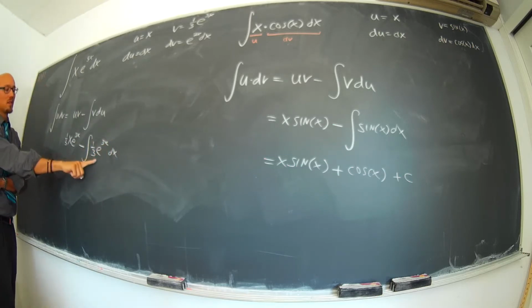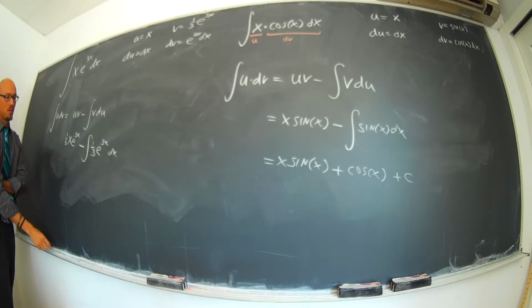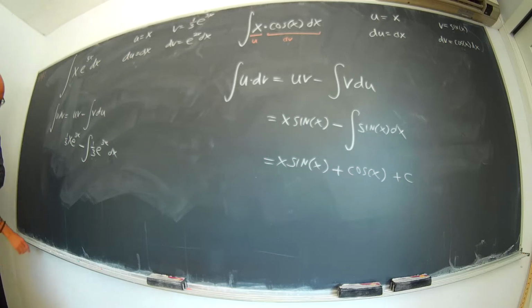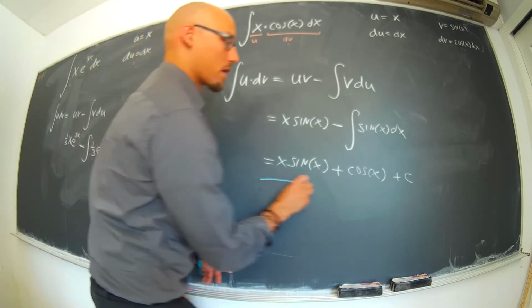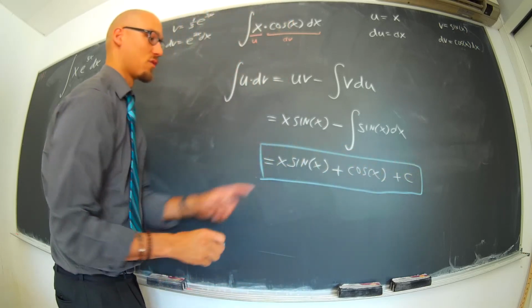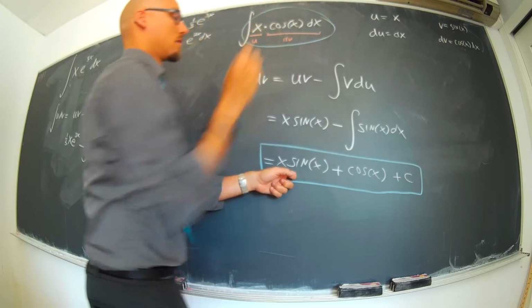And now this is easier because it's not a product, and so you can actually do that. So I would encourage you, for homework, to take the derivative of this and see if you get back to here.